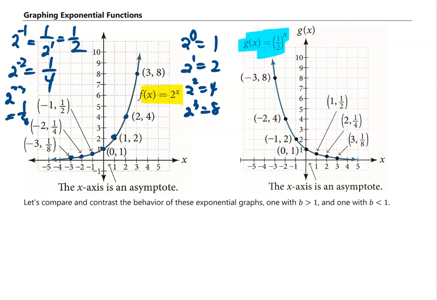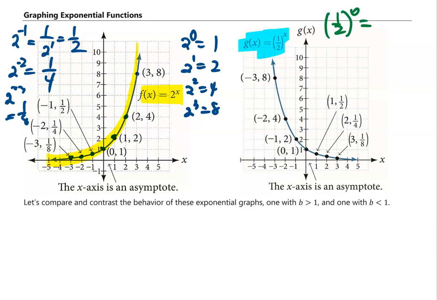So that's why you have this exponential graph. That is f of x equal to 2 raised to x. And the other one, g of x equal to 1/2 raised to x. So we can start with 1/2 raised to 0.